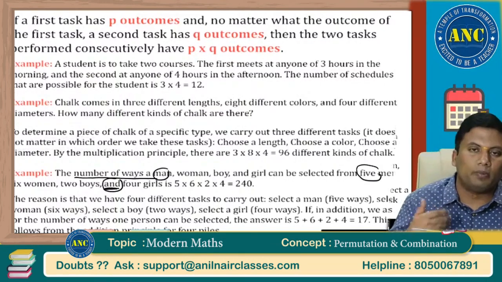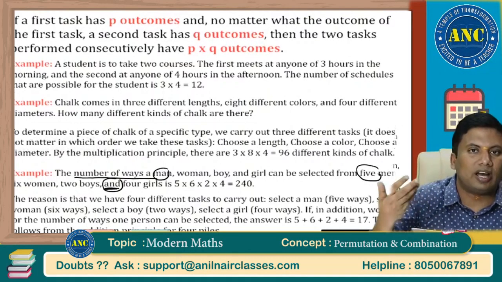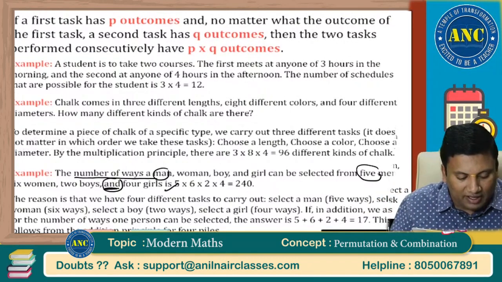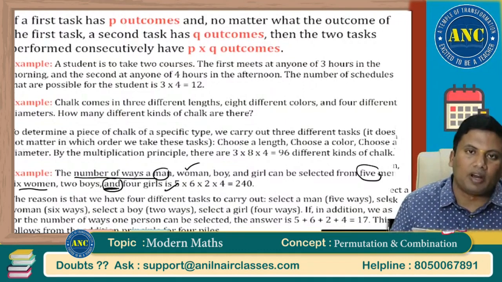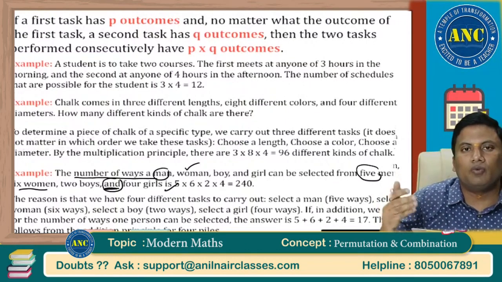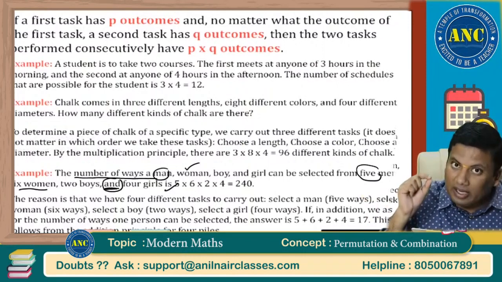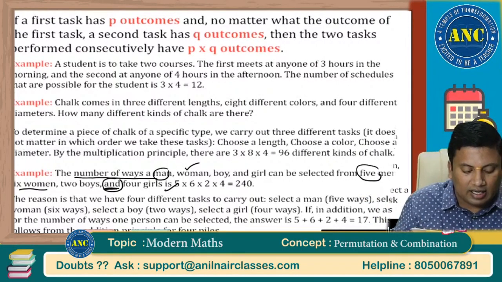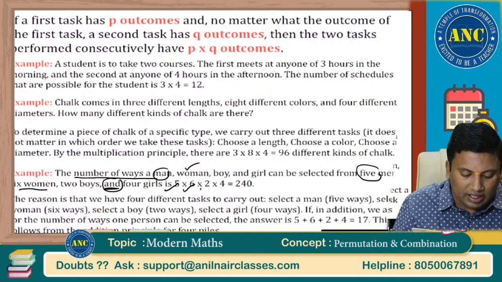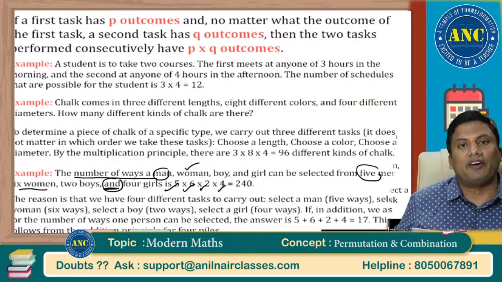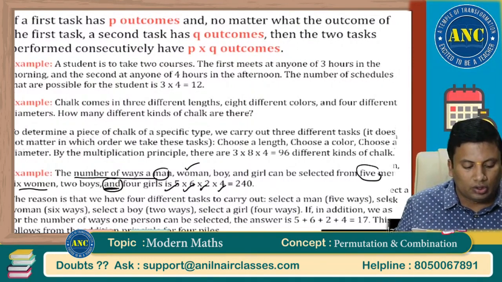So it could be M1 or M2 or M3 or M4 or M5, 5 ways. Similarly, from 6 women, I have to select 1 woman. It could be W1, W2, so 6. The important keyword is and. So 5 into 6 into 2 into 4.